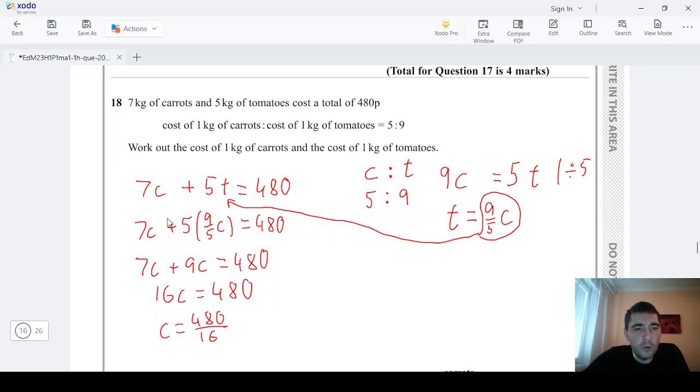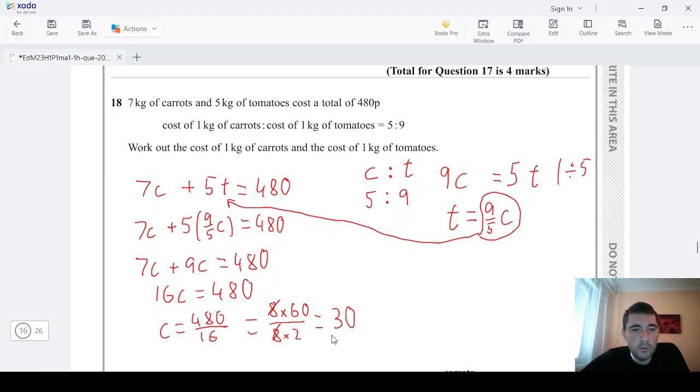Remember, it's a non-calculator paper, so I can simplify the fraction as much as I can. I can see that 8 goes into both top and bottom, so I just divide by 8. So 8 times 2 and 8 times 60, we cancel 8, and we can do 60 divided by 2, which is equal to 30. Okay, so a kilogram of carrots costs 30p.